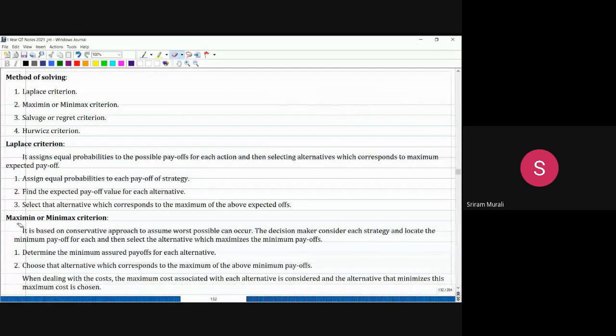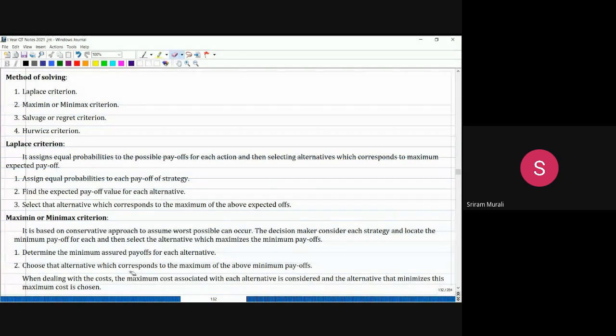What are they telling in maximin or minimax? It is based on the conservative approach to assume the worst possible can occur. The decision maker considers each strategy and locates the minimum payoff for each and then selects the alternative which maximizes the minimum payoff. Find the minimum assured payoff for every alternative.